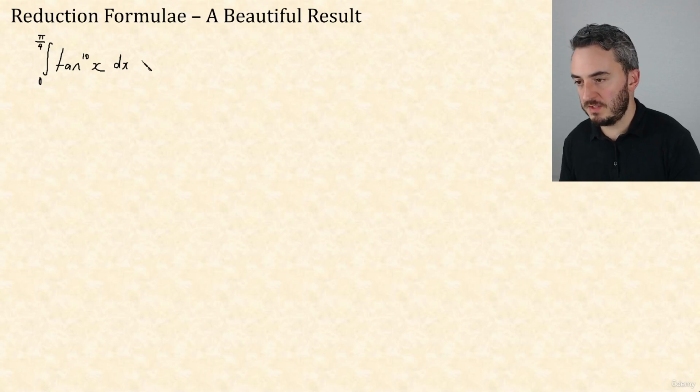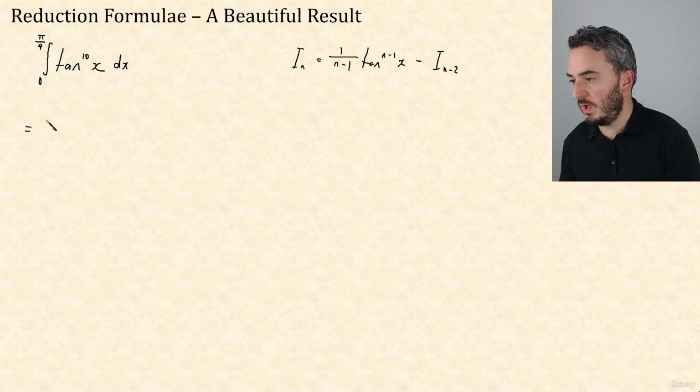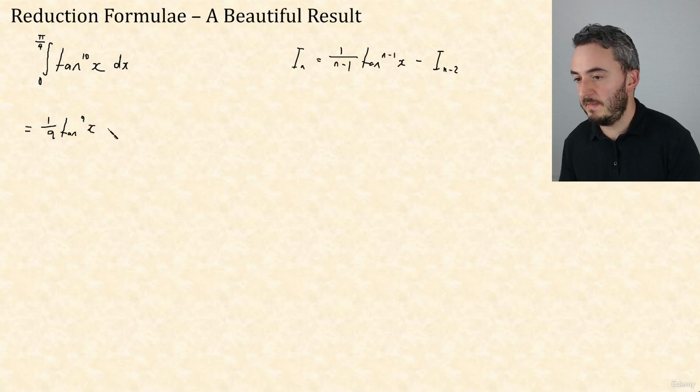Well, we've got this reduction formula result now, which is that I_n is equal to 1 over n minus 1 tan to the n minus 1 x minus I_(n-2). So let's do this. 1 over n minus 1 is 1/9, and that's tan to the 9x, and then minus I_8.